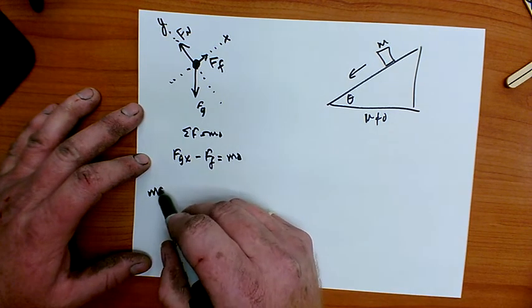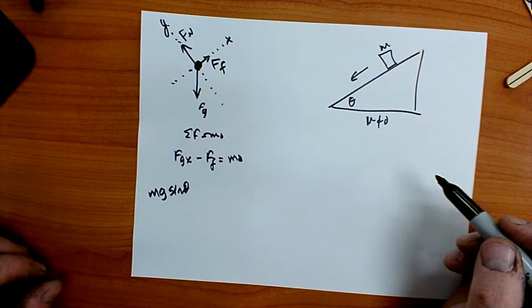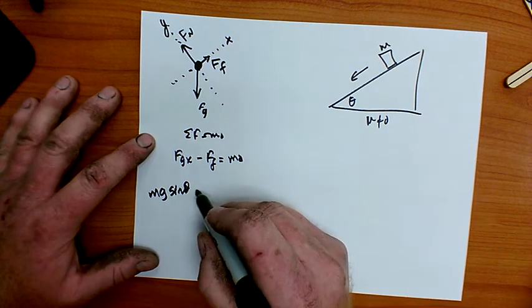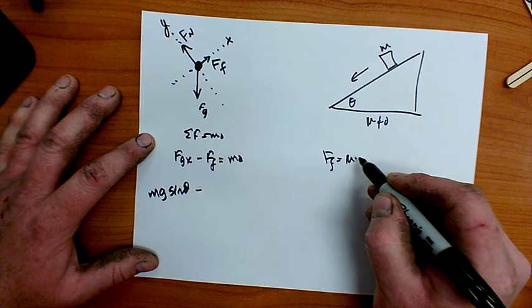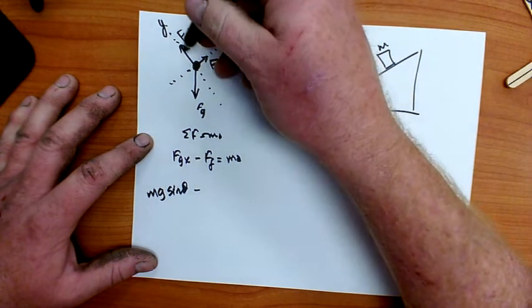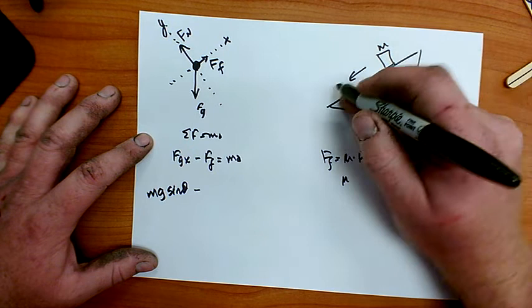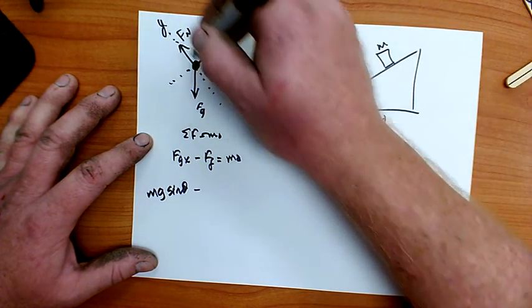FGX I know is equal to mg sine theta. You can rederive that every time, but you might as well just memorize it. So FGX can be mg sine theta minus the friction. Now friction is mu times the normal. But because it's accelerating in the x direction, there is no acceleration in the y direction, which means that up equals down in the y direction.